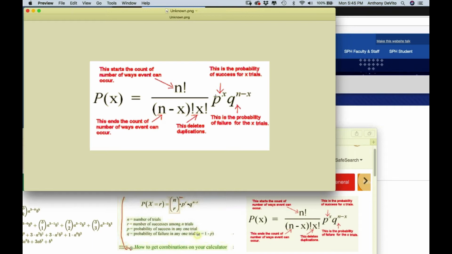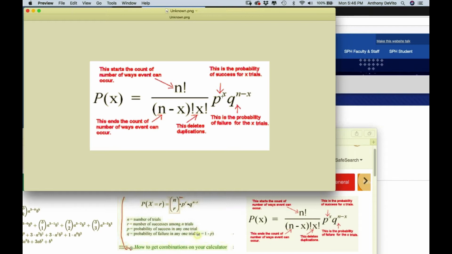And that's multiplied by P, the probability of success, which is 0.2, to the X power, which is 3, the number of successes that we're looking for, times Q. Q is 1 minus the probability of success. In other words, instead of 0.2, it's now 0.8. So this is 0.8 to the N minus X power, 10 minus 3 is 7.